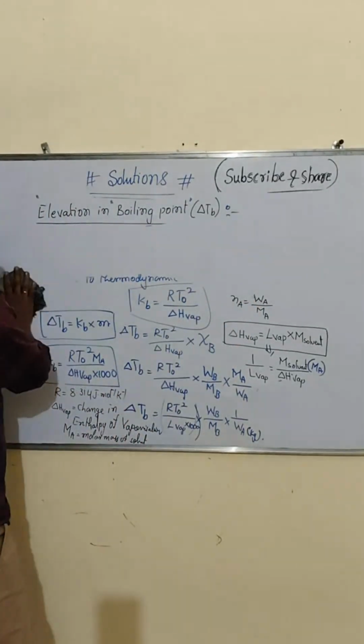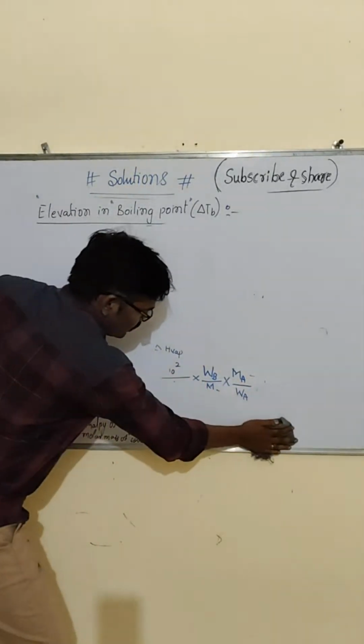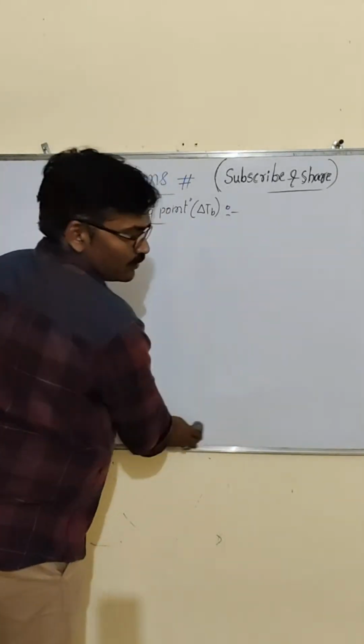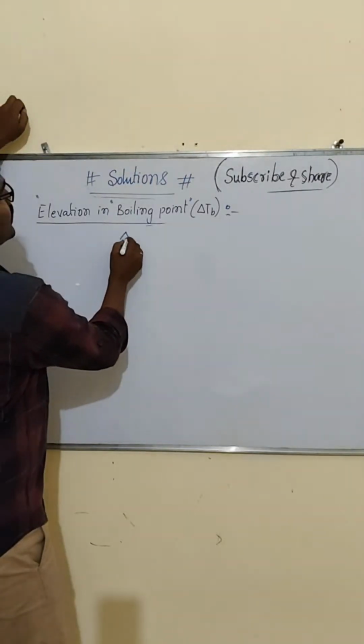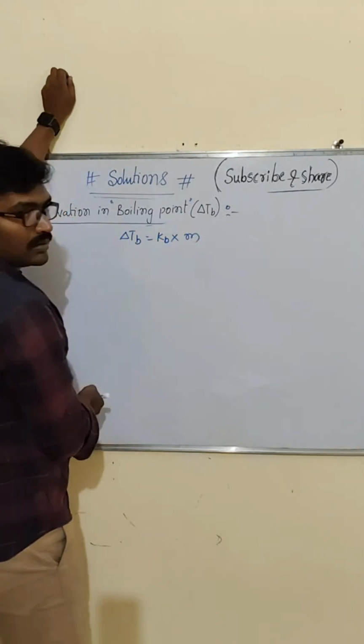So based on elevation in the boiling point, we have discussed some of the formulas. Finally we got delta TB equals KB into molality.